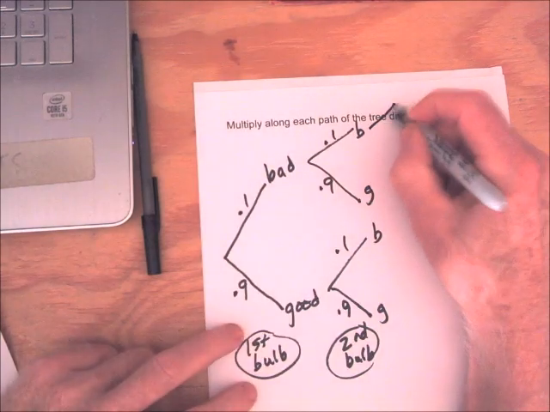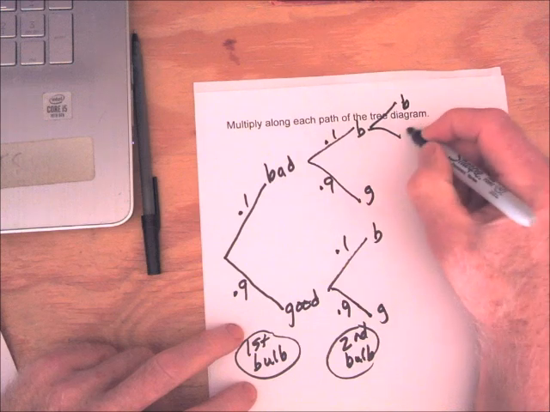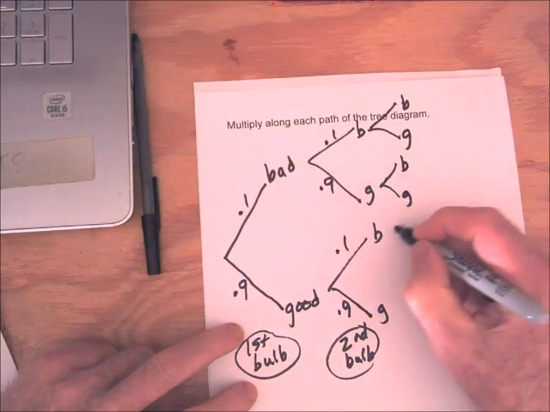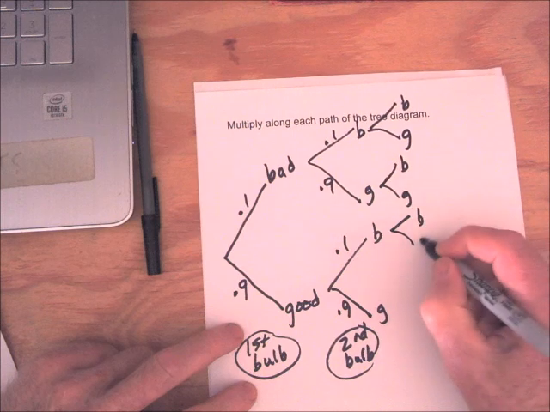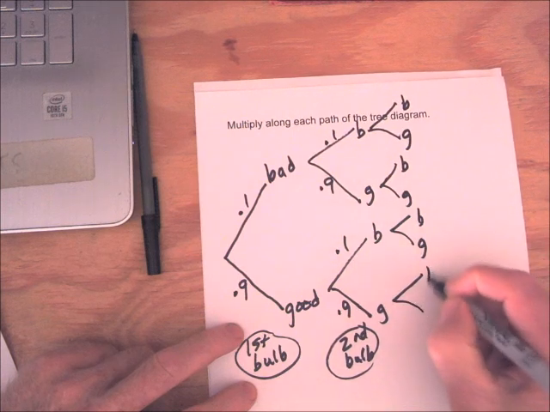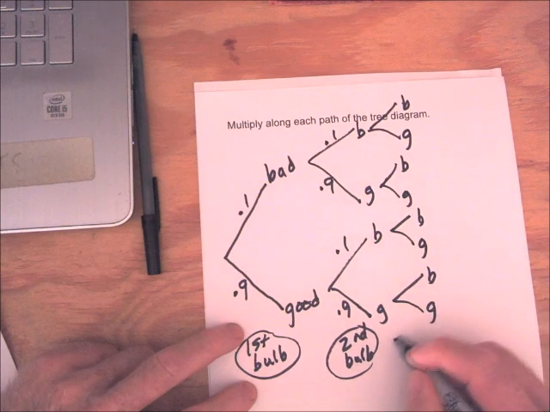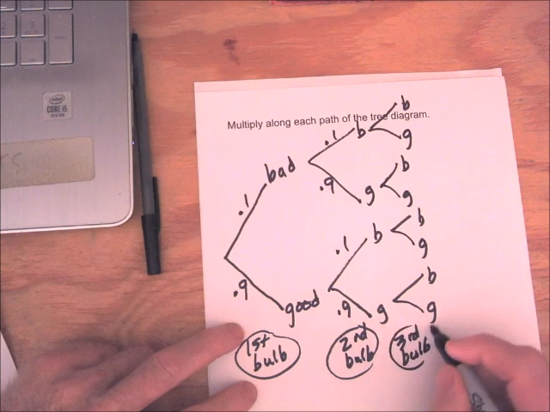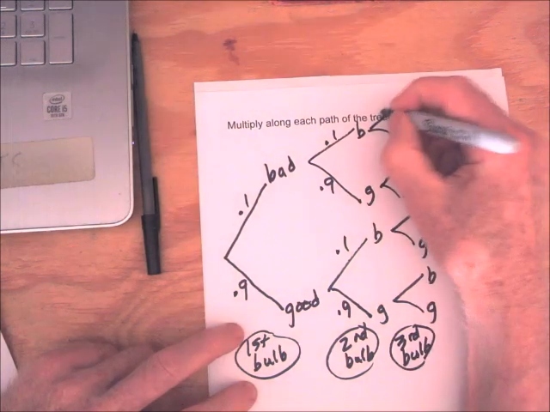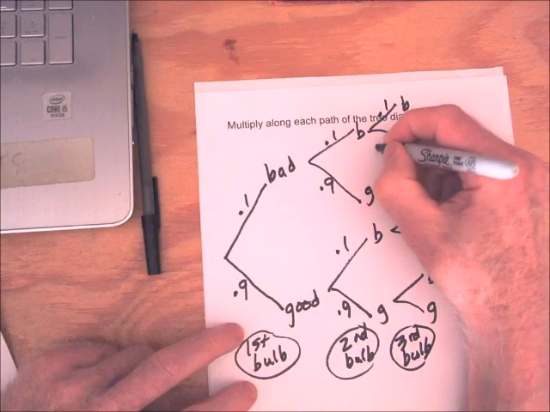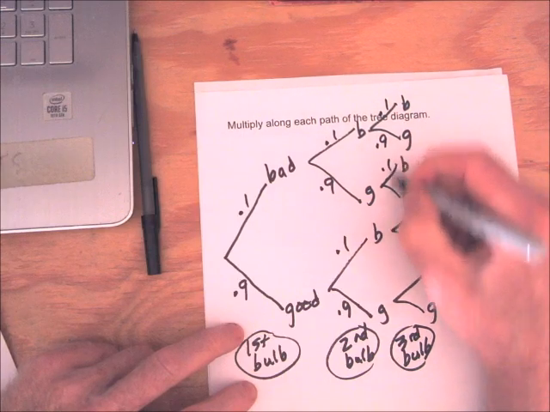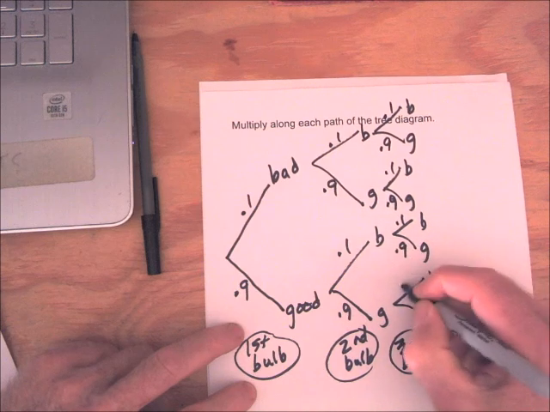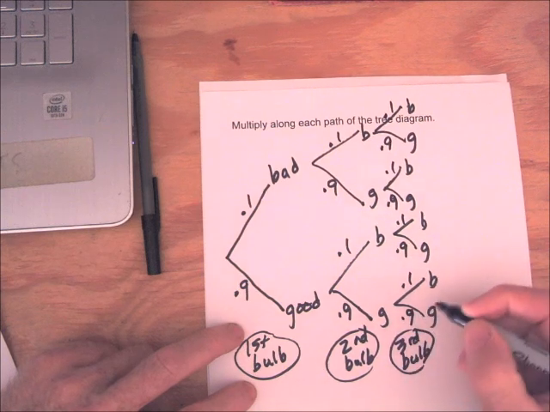Third light bulb again can either be bad or good. And the probability 0.1, 0.9, and so on for each branch.